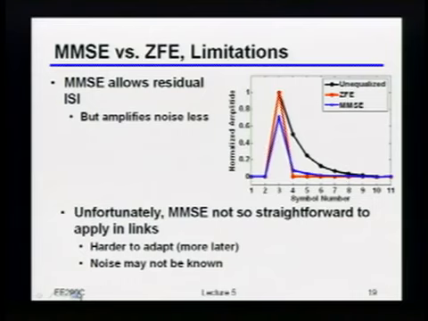If this black trace here was my original unequalized response, which is just some bogus thing that I made up, then this red thing here was my ZFE solution, and I think I did this with two taps. You can see that the ZFE really zeroed out the ISI.